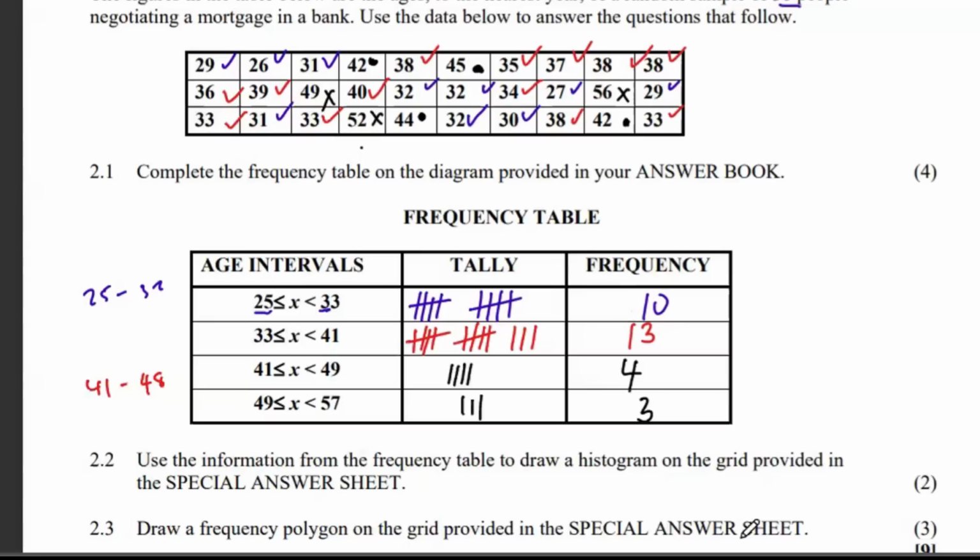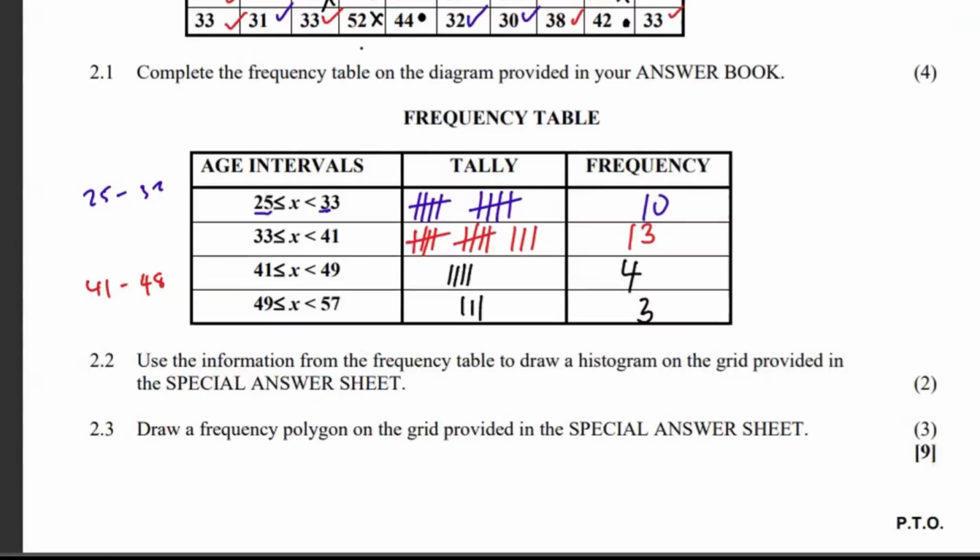All right, then I use the information from the frequency table to draw a histogram. What we know is that a histogram is just a graph with no spaces. So I'll call these 25, probably 33, then 41, then 49, and then 57.